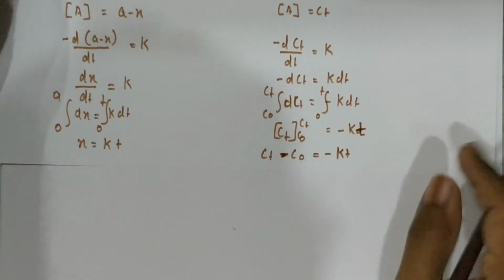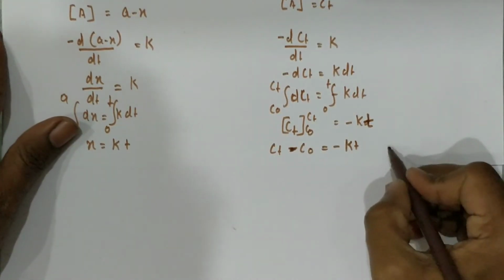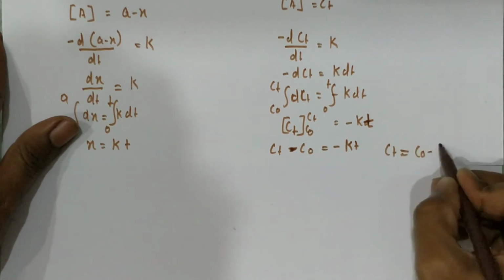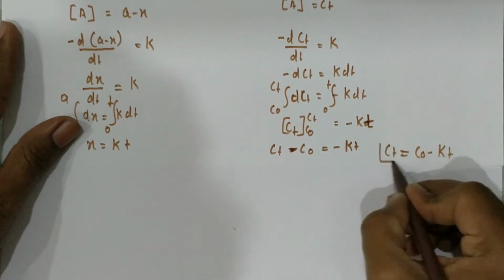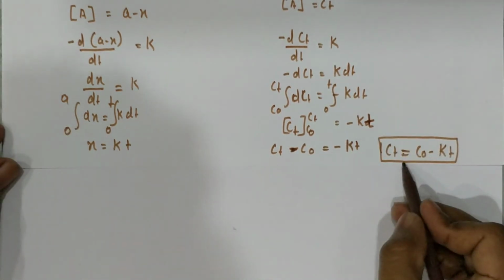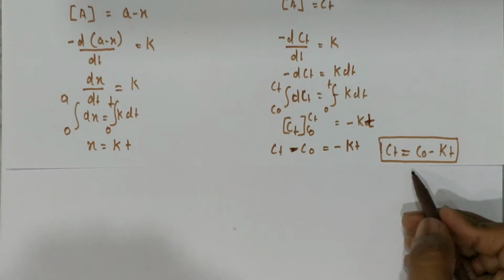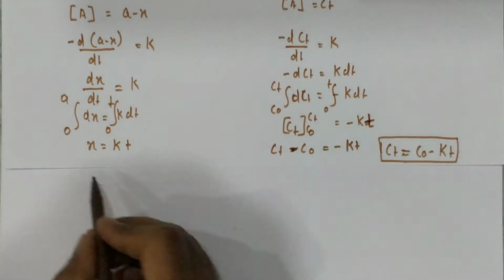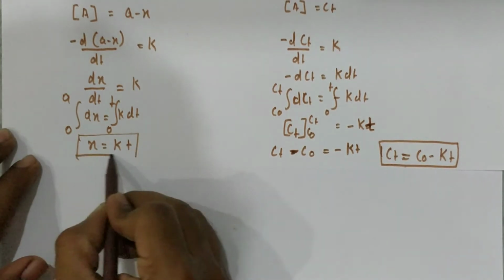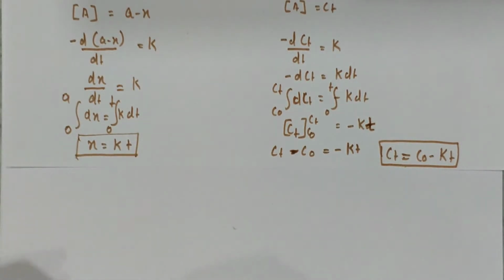That can also be written as Ct equal to C naught minus Kt. So if we write in terms of Ct, the equation for a zero order reaction is Ct equal to C naught minus Kt, and if we write in terms of x, it will be x equal to Kt.